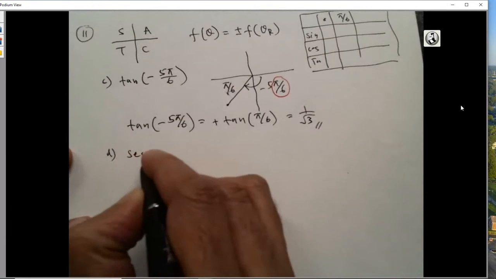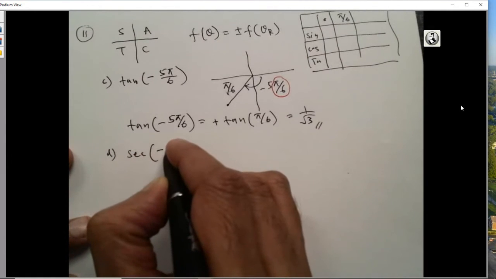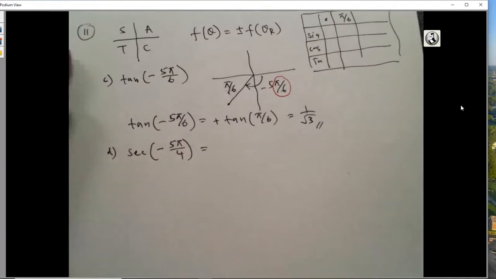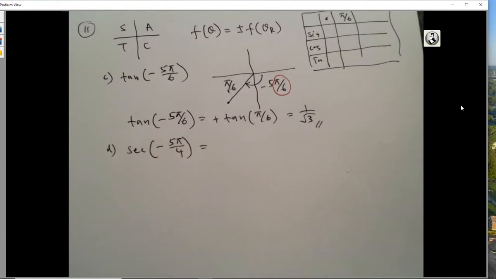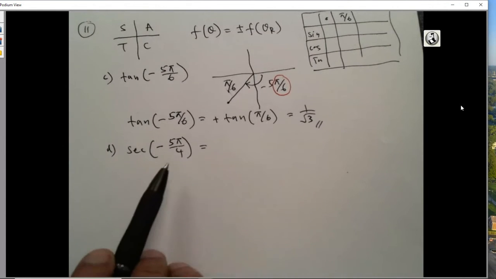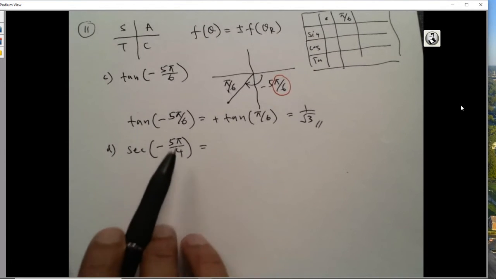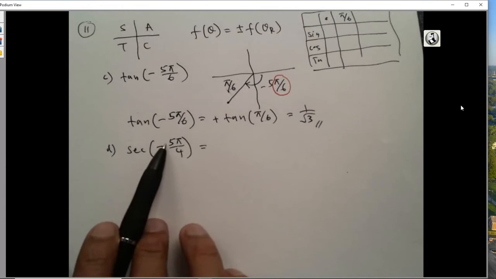Secant negative 5 pi over 4. What quadrant? It's in the second quadrant. It's negative, but it's more than pi. See, it's more than 5, it's not 4, it's 5.